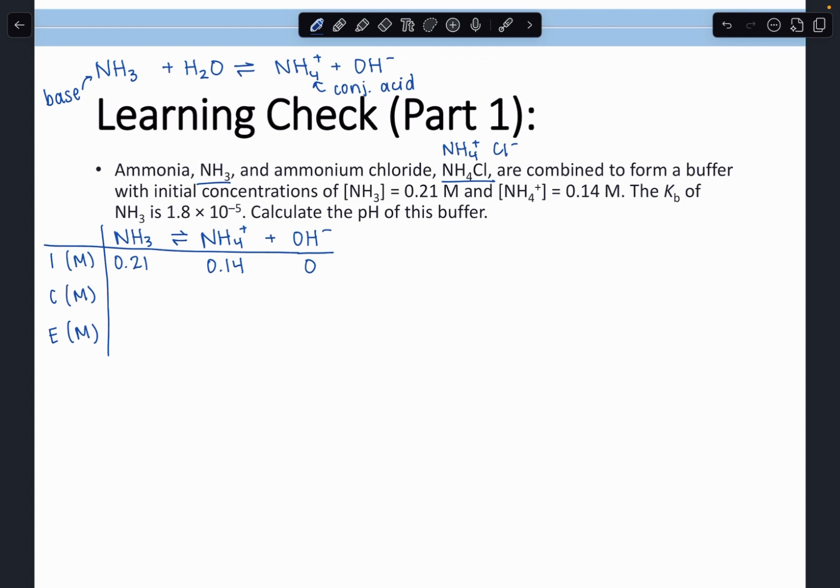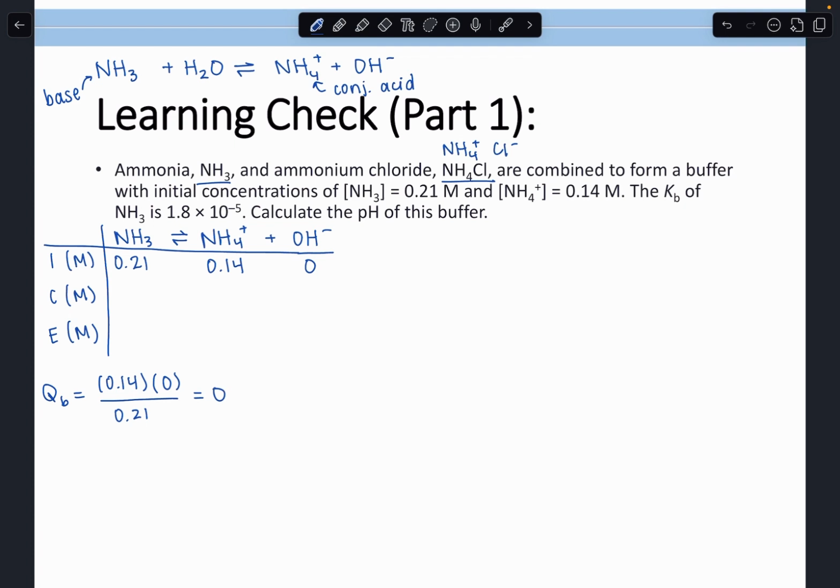If you were to calculate Kb, for example, with initial concentrations, or I guess it would have to be Q because it's not K yet, we would have products 0.14 times 0 for hydroxide divided by 0.21. So Q would be 0.